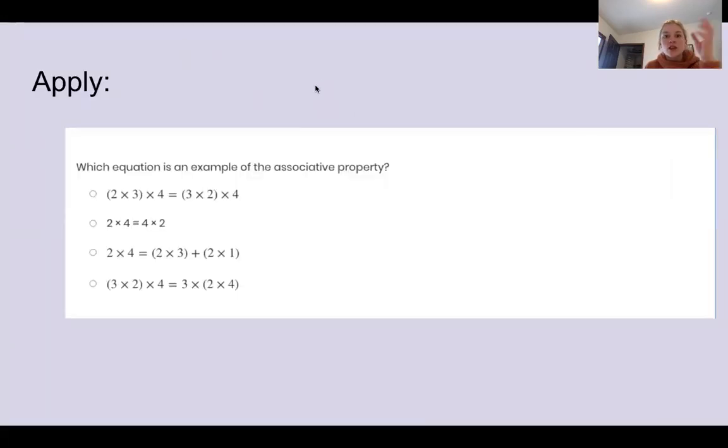Okay, so let's look at the examples here. It says, which equation is an example of the associative property? Associative, that's the one we just learned about. Do you think it's the first one, second, third, or fourth one? I need to look at them closely.